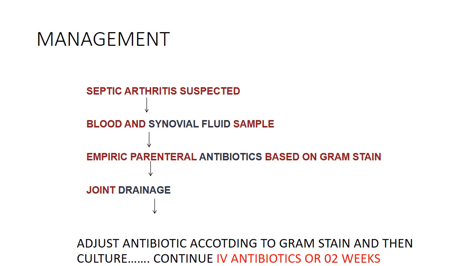And when the culture sensitivity report comes, you can adjust the antibiotics according to their culture, and you can change the antibiotics, and that IV antibiotic should be continued for 2 weeks.